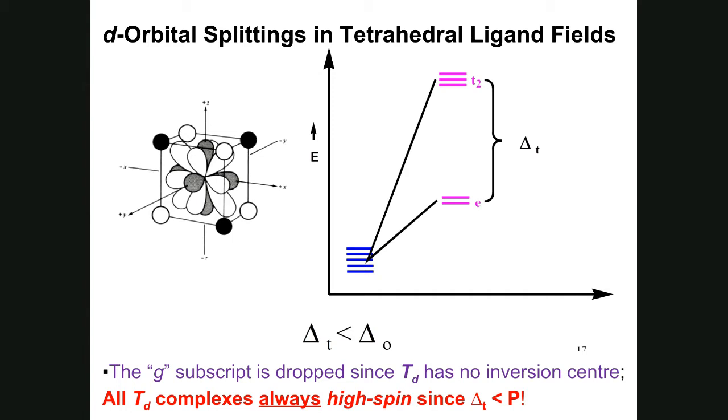Significant repulsions happen with the orbitals that are in between the axes. Those are the ones that are hit hard by a tetrahedral ligand field. And as a result, it elevates the energy of the three orbitals and lowers the energy of the two orbitals along the axis. Now you can see this is an inverse splitting.